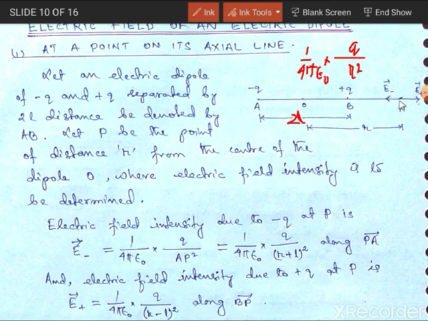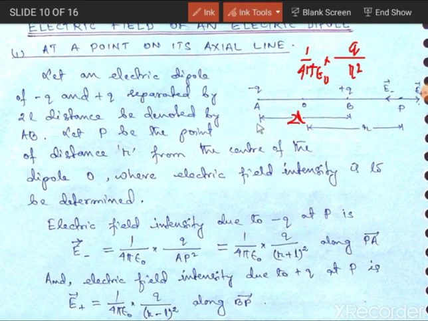So while taking it like that, as this is due to the negative charge, let me represent the electric field by E vector minus for negative q, okay? So it will be equal to 1 by 4 pi epsilon naught, magnitude of the charge, and the distance square, AP square. Is equal to what? 1 by 4 pi epsilon naught q, same.